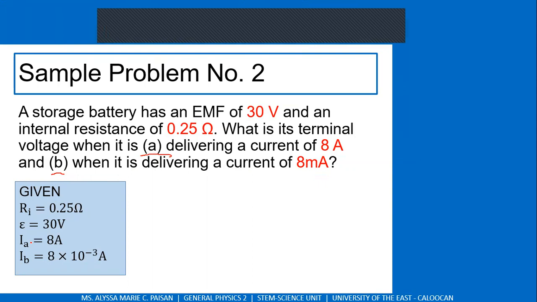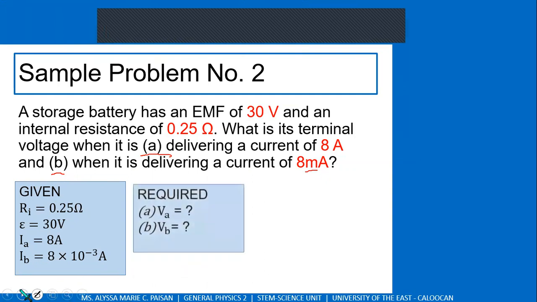We have the current for the first scenario, and that's 8 ampere, and then we have the current for the second scenario, which is 8 times 10 raised to negative 3 ampere. Don't forget, nasa given pala, magko-convert na tayo, no? And we know naman that milli is equivalent to times 10 raised to negative 3, and then it's ampere.